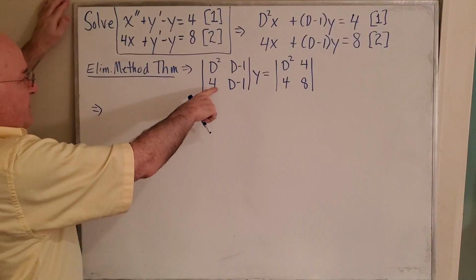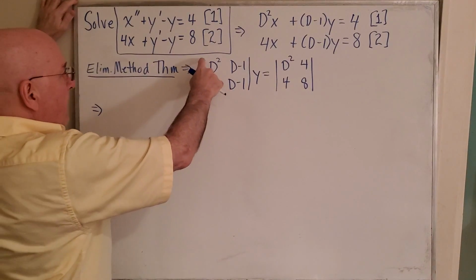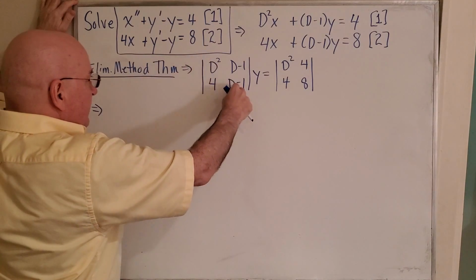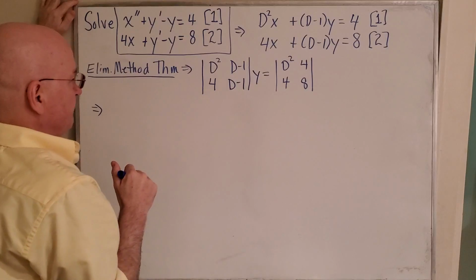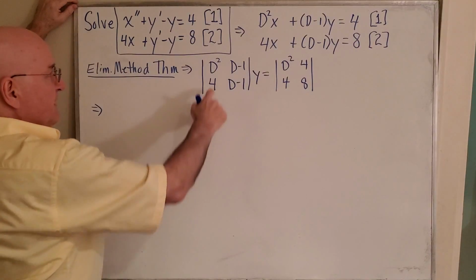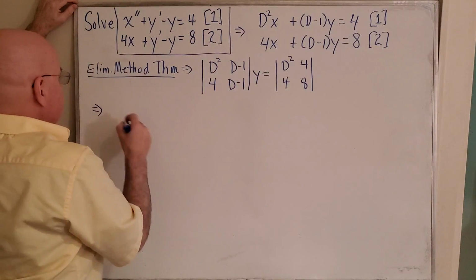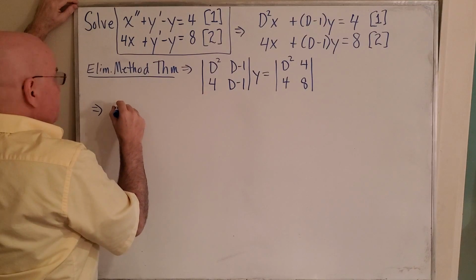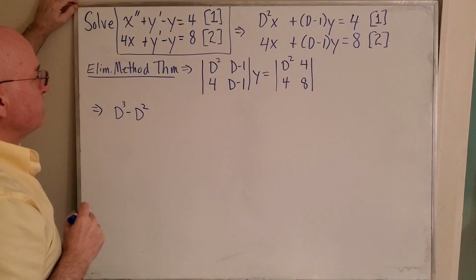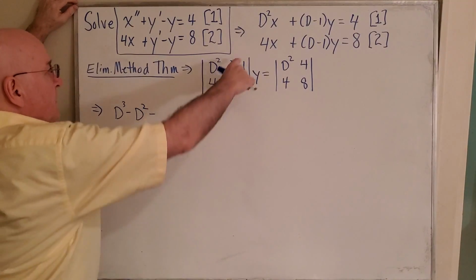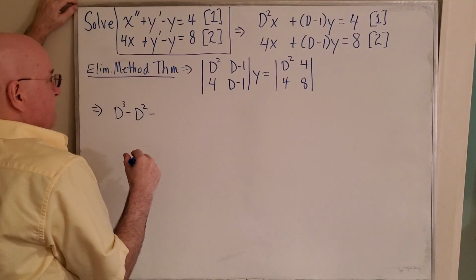Okay, so what do we have here? The determinant of this is d squared times d minus 1 minus 4 times d minus 1. And d squared times d minus 1 is d cubed minus d squared, minus 4d minus 1.